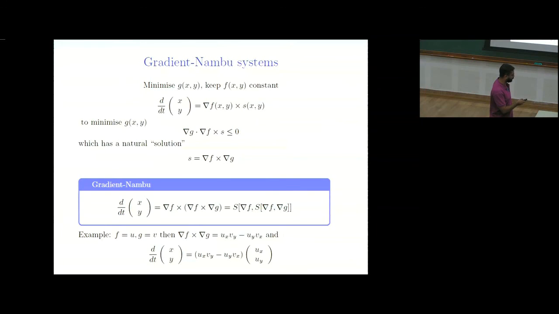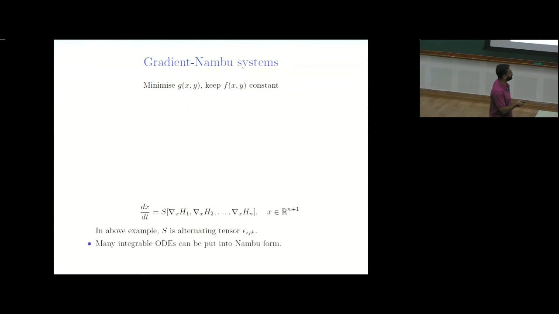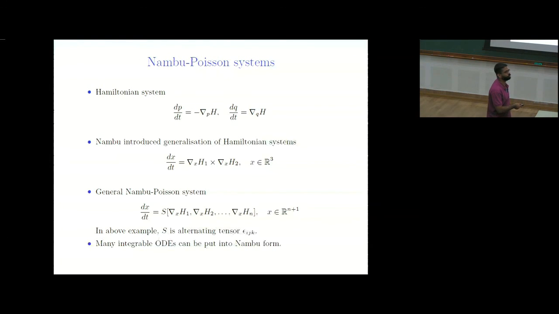In fact, I should go back here, and when I said many integrable systems can be put into Nambu bracket form, one of the key things you need to know is what to divide the overall vector field by to get a particular Hamiltonian problem that you want. That actually turns out to be a function of the various other action angle coordinates that you need.